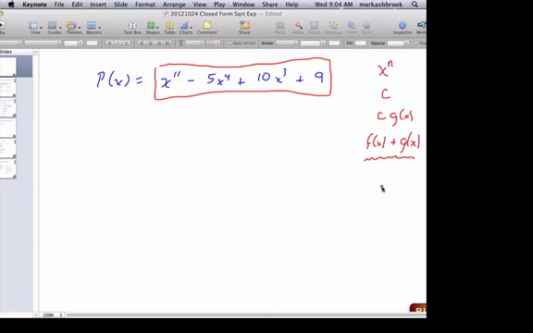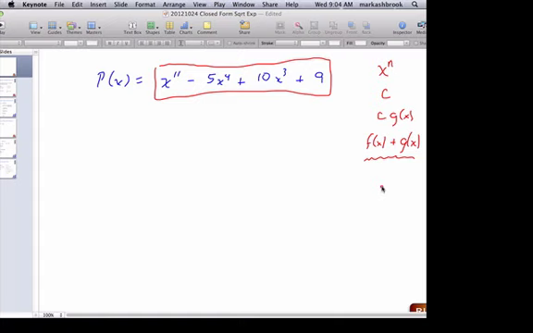And what is that rule? If you have a function that is the sum or difference of other functions and you want the closed form rate of change, what is the rate of change of a sum of functions?